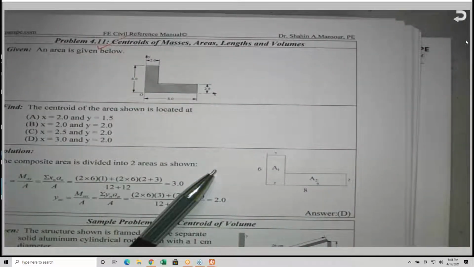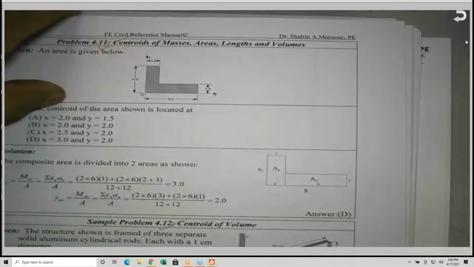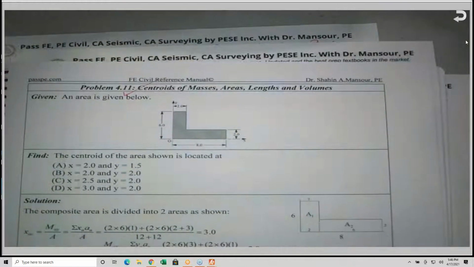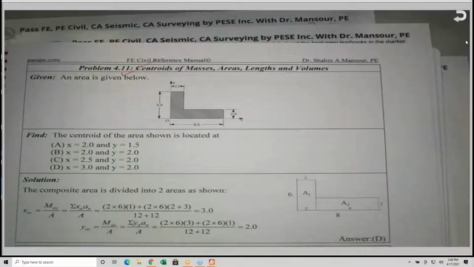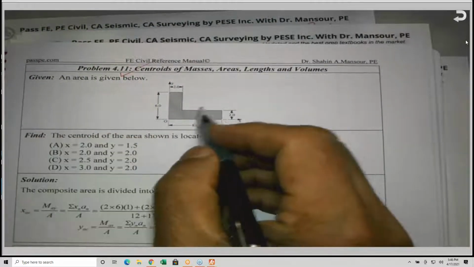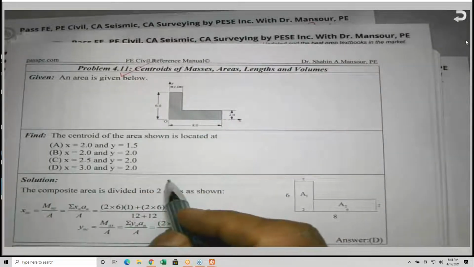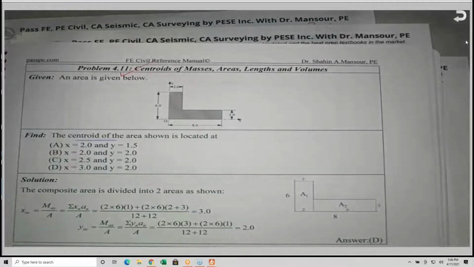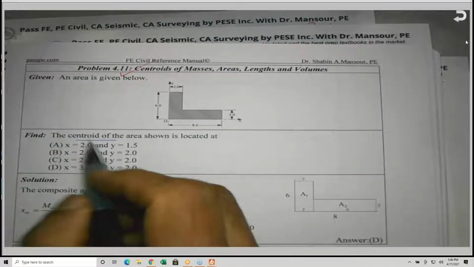Hey, welcome back, everybody. Another sample problem related to the centroid. You are given this angle shape and all the dimensions are given, and he's asking where the centroid of this area is located.